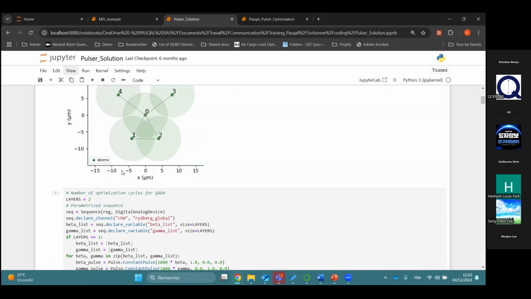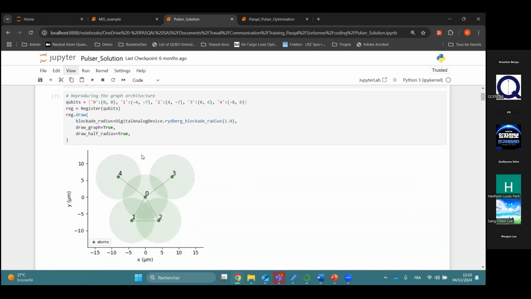If I go back to my graph, this means that I'm selecting not the 0 index, not the 1 index, but the 2, 3, and 4 index. So these 3 nodes are independent, and these are one of the maximum independent set solutions. The other solution from the quantum method was selecting 1, 3, and 4, so the other maximum independent set solution.